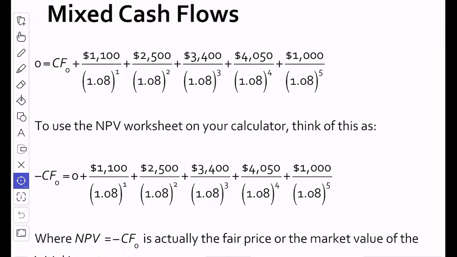So this is what it looks like. I've just reapplied the time value of money formula over time and say this would calculate to be the present value of future cash flows. What should I invest today to make that fair?